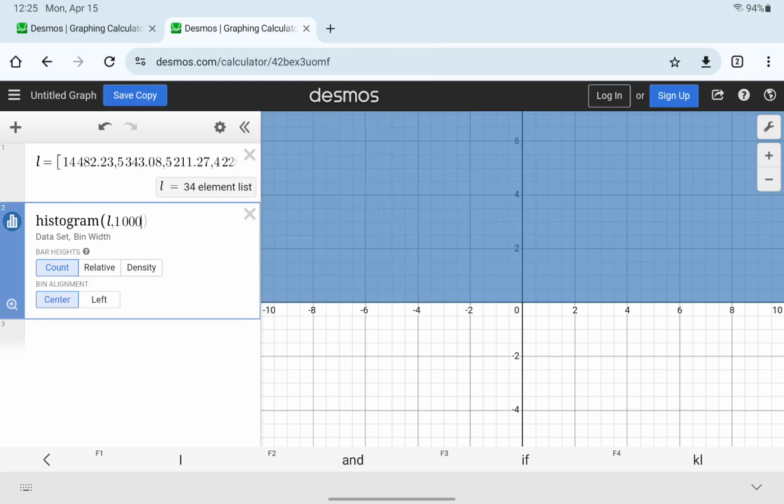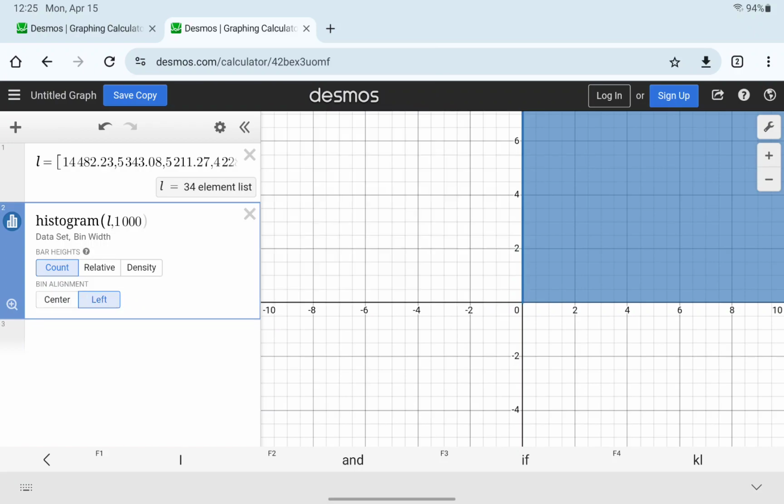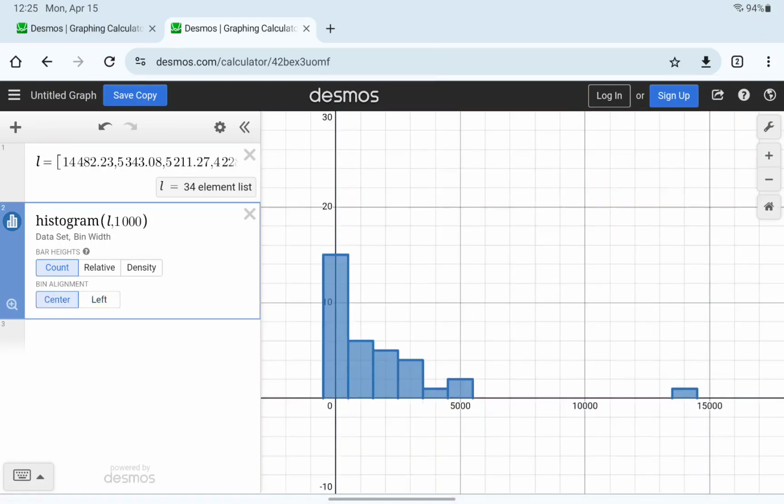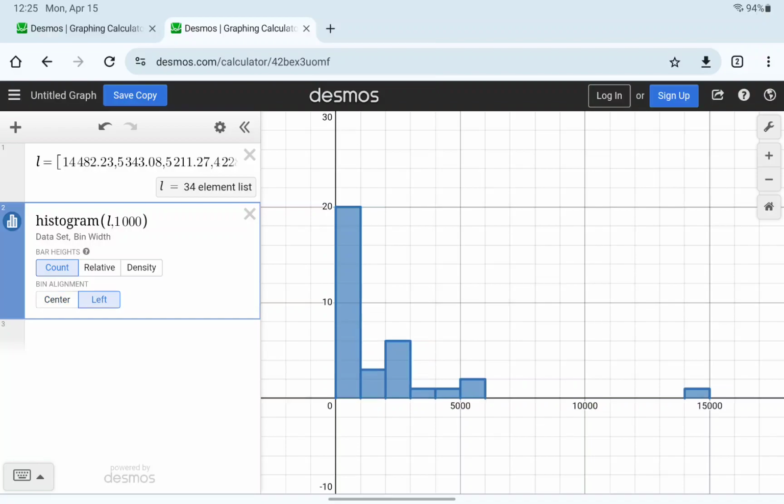If you notice, what it does is centers the bar over 0 or makes 0 the left endpoint of that. We can actually see that a little bit better if we click on this magnifying glass first and zoom fit to our data. So as we change that from center to left, it just changes how those bars are aligned.